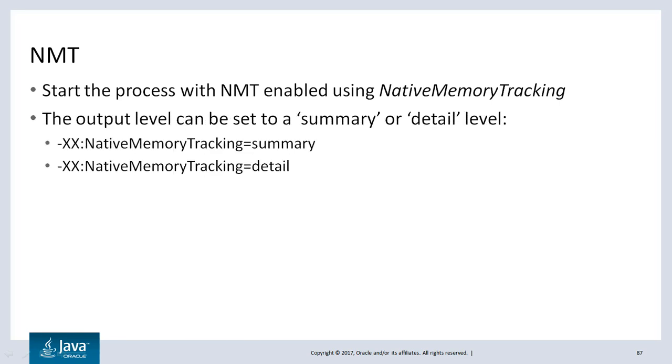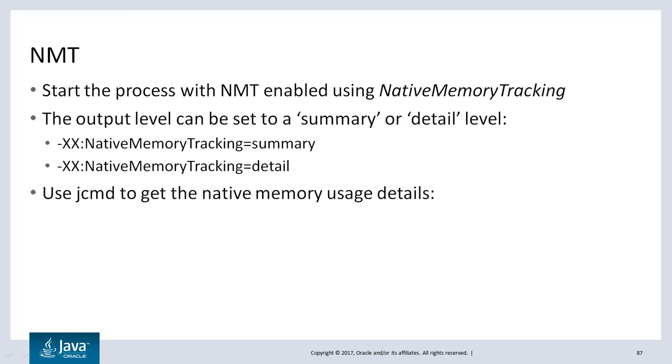This option can be used at summary or detail level that sets the verbosity of information we would like to see. After the JVM process is launched with NMT enabled, we can use the jcmd tool with command VM.native_memory to connect to the process and retrieve native memory usage information.